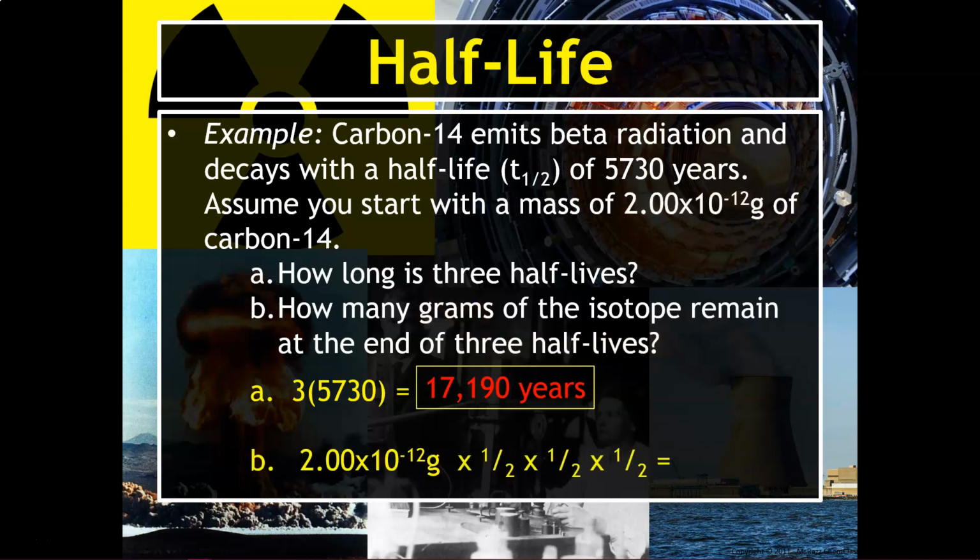So again, I think it's really easy to do this by saying 2 times 10 to the minus 12 grams times a half, right? That's the first half-life, and then times a half again, that's the second, and times a half again, that's the third. And so you get 2.5 times 10 to the minus 13 grams.